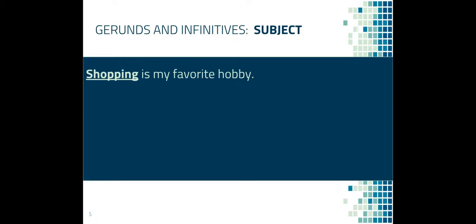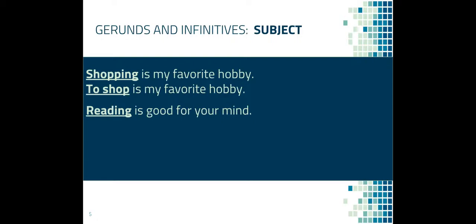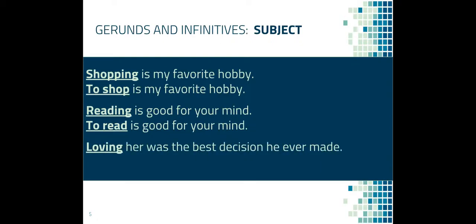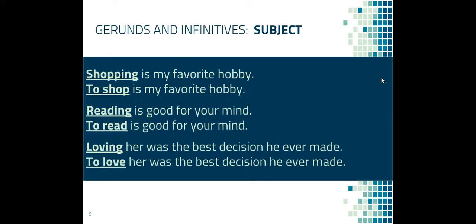You can say shopping is my favorite hobby, or to shop is my favorite hobby. Reading is good for your mind. To read is good for your mind. And loving her was the best decision he ever made. And to love her was the best decision he ever made.